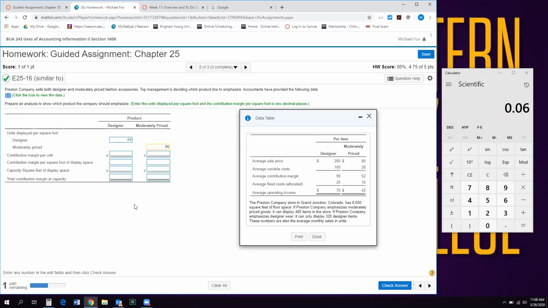All right, so our contribution margin per unit is actually given to us right here. So for designer, it's 95. And for the moderately priced, it is 52 right there.